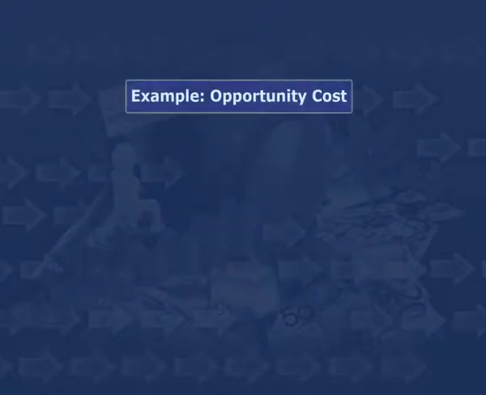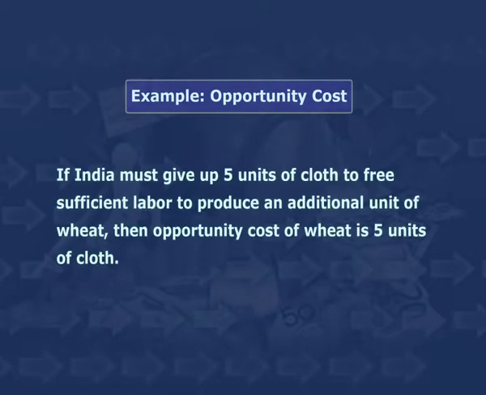For example, if India must give up 5 units of cloth to free sufficient labor to produce an additional unit of wheat, then the opportunity cost of wheat is 5 units of cloth. We assume that there are two countries, India and Japan, and two commodities, let's say wheat and cloth. Both nations can produce both commodities.